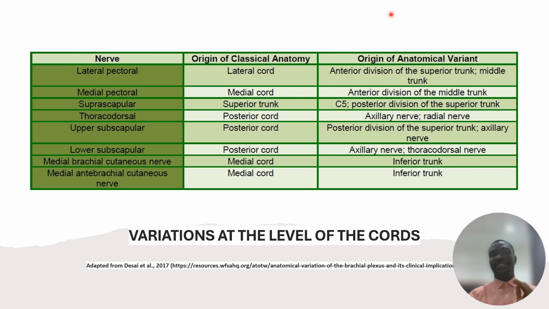So rather than having three cords, it's possible to have, for example, the lateral cord alone forming. You have possibilities of having the medial cord alone forming, though it is not uncommon for the posterior cord not to form, in which case the divisions diverge to directly give rise to the branches and the terminal nerves.